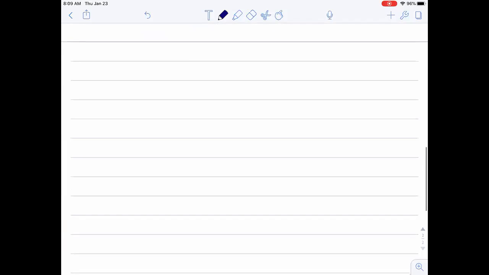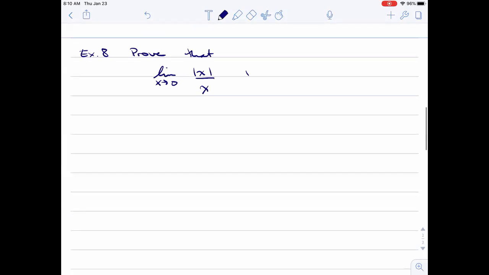Great. I'll start a new page here. How about if we did an example, and this is example 8, but I wanted to show you guys this one. So prove that the limit as x goes to 0 of the absolute value of x over x does not exist.